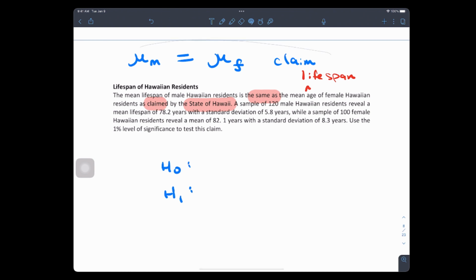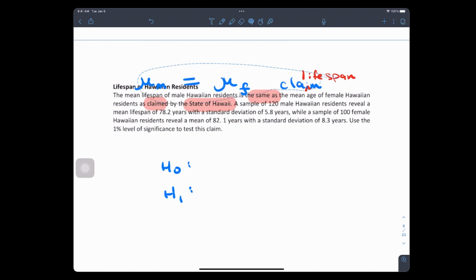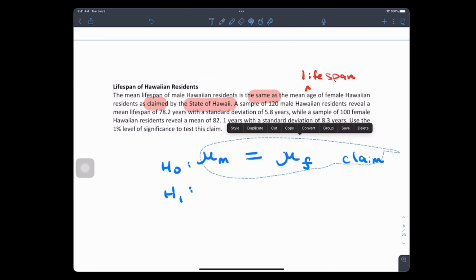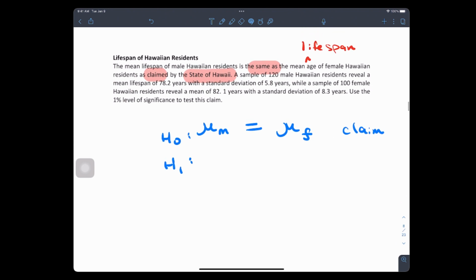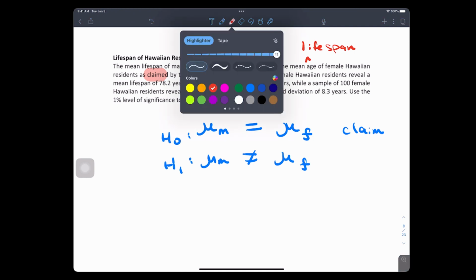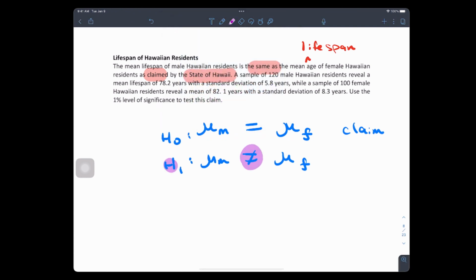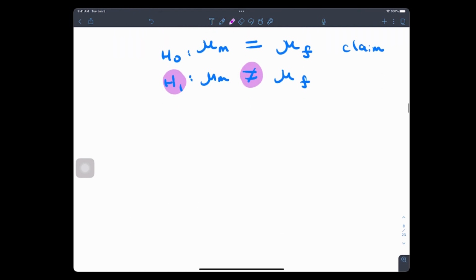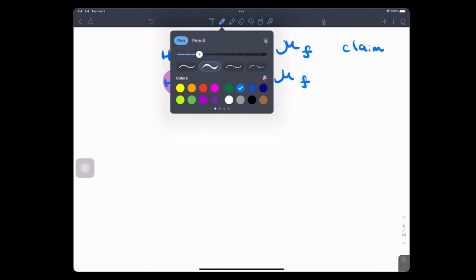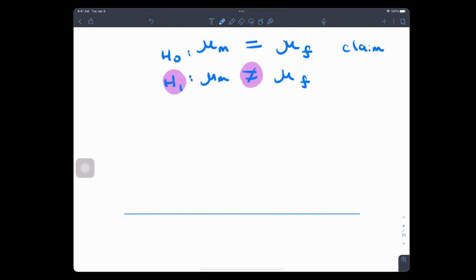How do you know it's a null? Yep, it has a condition of equality. What's the opposite of this? Not equal. What kind of test is this? Two-tailed. Good. So draw a picture of what? Two tails.